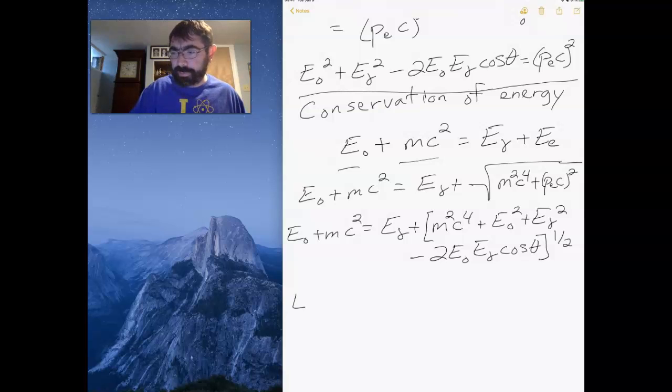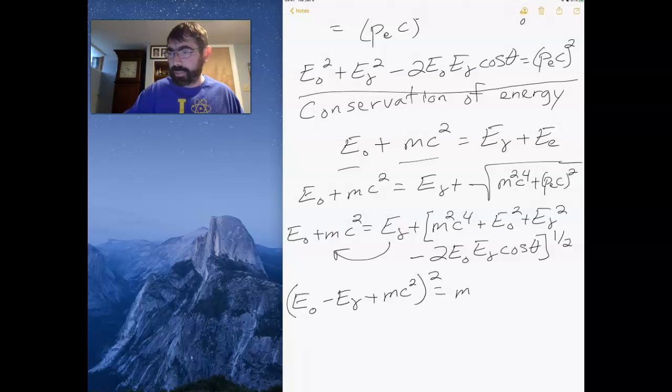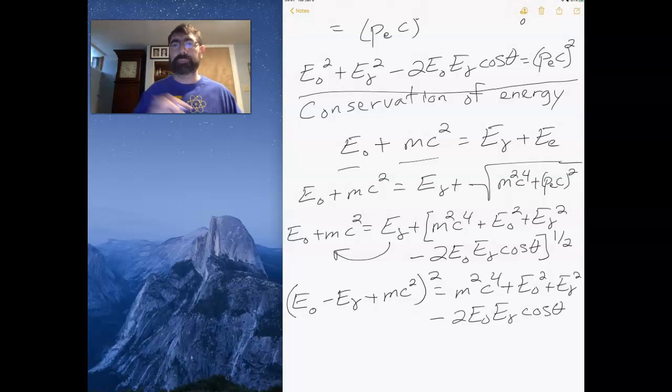So we're going to have E initial minus E gamma, bringing this over to the left, plus mc squared, quantity squared, is equal to m squared c to the fourth plus E initial squared plus E gamma squared minus 2 E initial E gamma cosine theta. Now we just square what's in the parentheses.